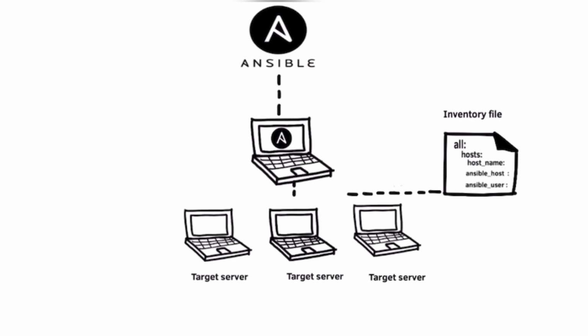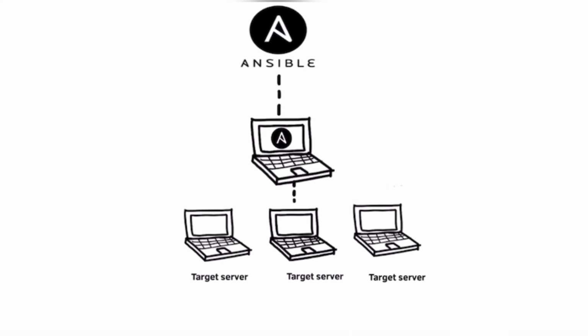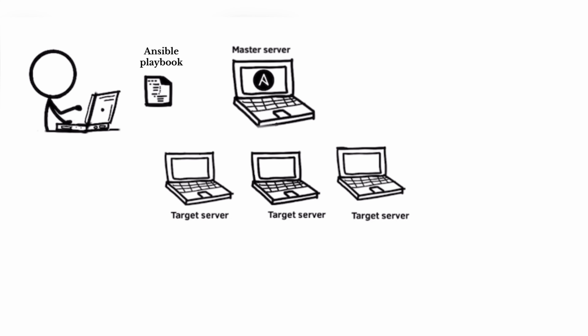Using the inventory, the master server with Ansible installed makes the connection with the target machines and automatically installs Git, GitHub, Terraform, Ansible, and Docker on the development server as well as the testing server from one deployment server. For that, we have to write an Ansible playbook. An Ansible playbook is a YAML file that defines automation tasks that we want to perform.